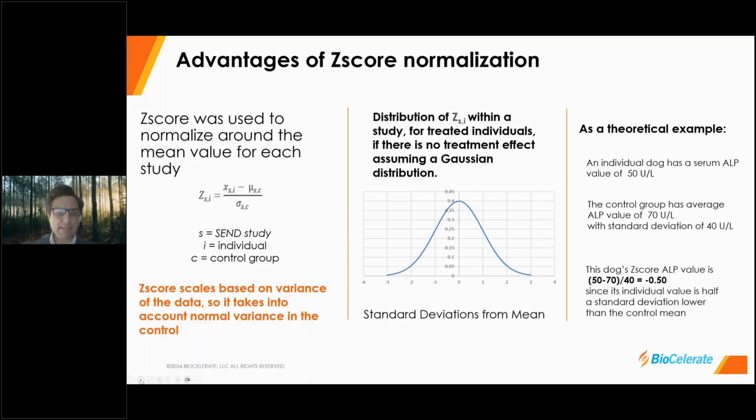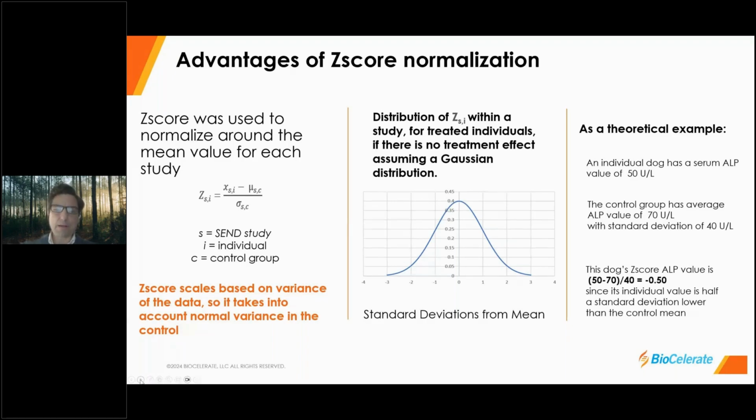So this center portion of this slide describes what we would expect for a distribution of the z-scores within a study if there was no treatment effect, assuming that the measurement had a Gaussian distribution. So it is exactly the Gaussian distribution.